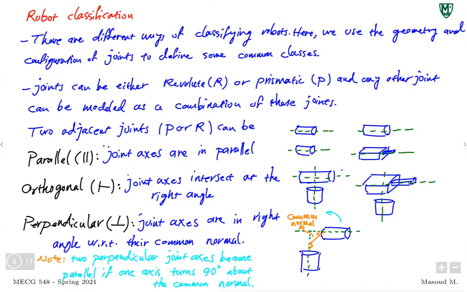Let me write it this way: 5 important manipulators. Remember, a manipulator is basically just a combination of links and joints and a bunch of other structural elements. There is no sensor, there is no actuator. It's simply the structure of the arm or the industrial robot.